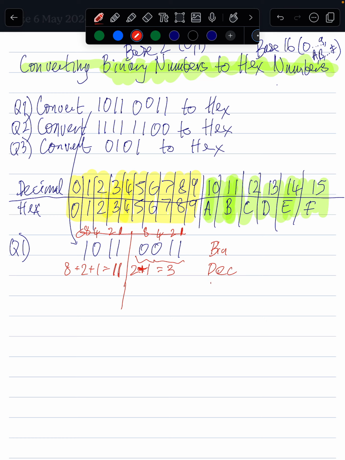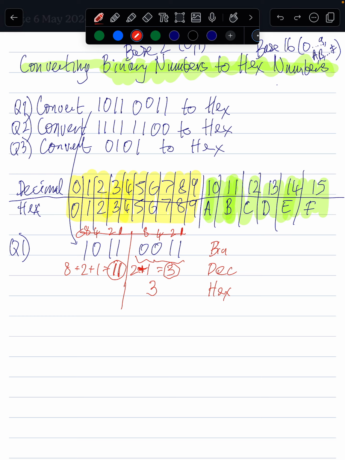Now we need to convert each of the groups of 4 bits into hex. So the 3, using the table, we know that anything below 9 is the same, so that's going to be the 3. Then we look at this side. We don't look at the other side at all.